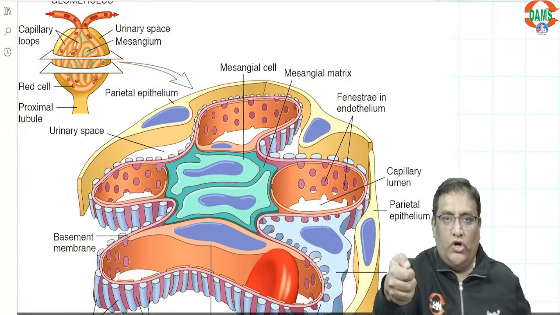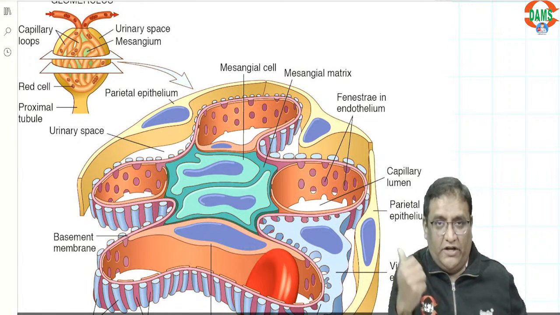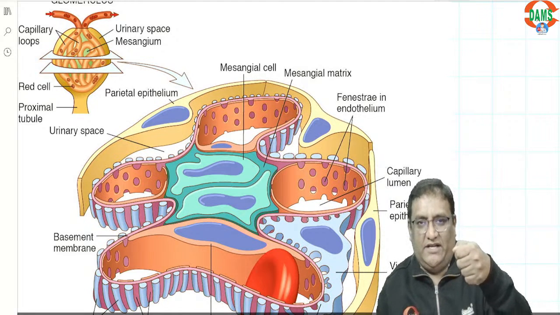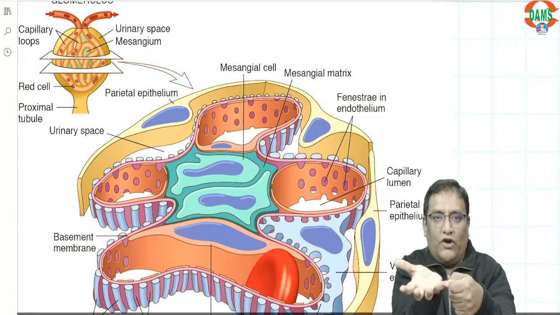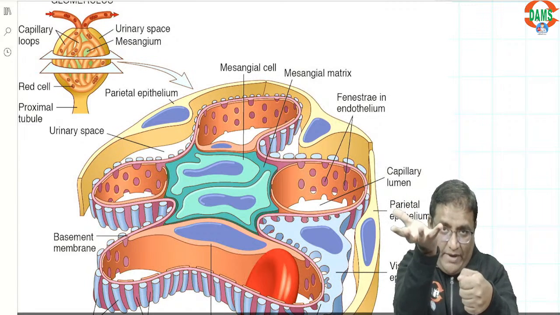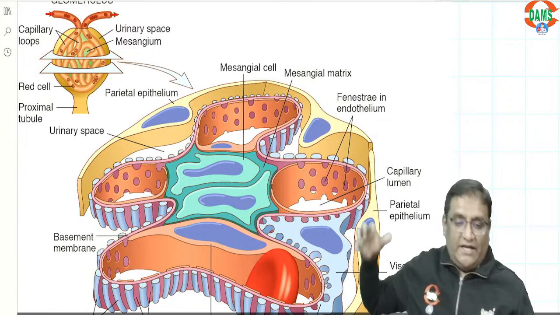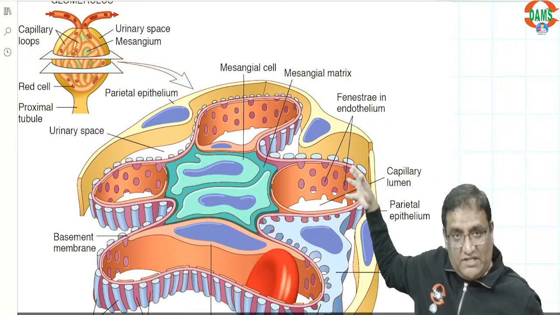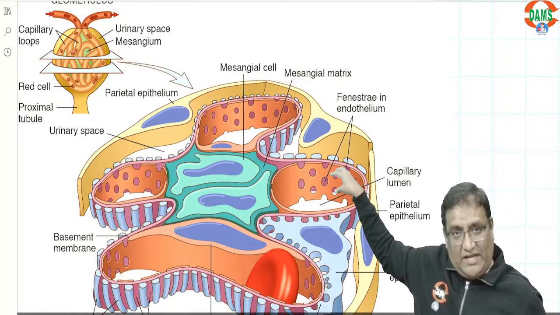It is just like, if you are a South Indian, I would say your filter coffee filter, or if you are a chai lover, it is like your chai ki chalni. You pour everything, either tea or coffee, and the larger particles stay back and the smaller particles get filtered out. Simple understanding. The larger particles, including the cells of the blood, stay back in the capillary, and also the larger proteins like albumin and globulin stay back.